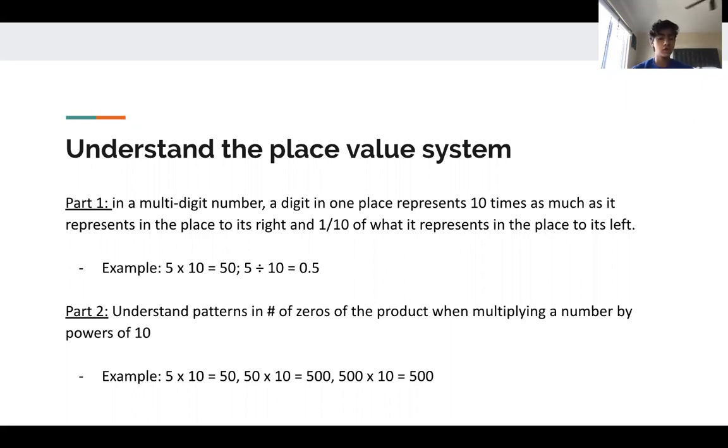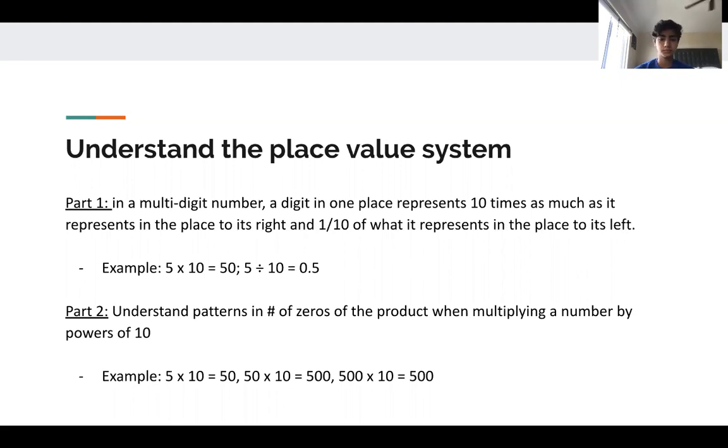And when you take 500 and multiply it by 10, you get 5,000. Sorry, small typo here. You're going to get 5,000, and that number has three more zeros than the initial number we started with, 5. So you go 5, 50, 500, and 5,000. So you really have to understand that every time you multiply a number by 10, it's going to increase the number of zeros.